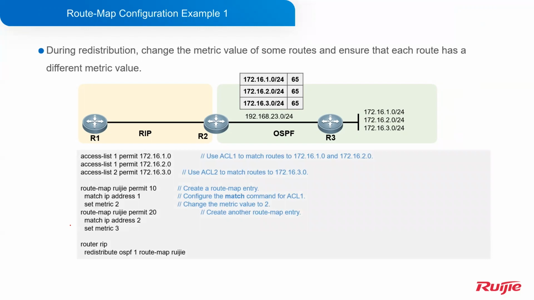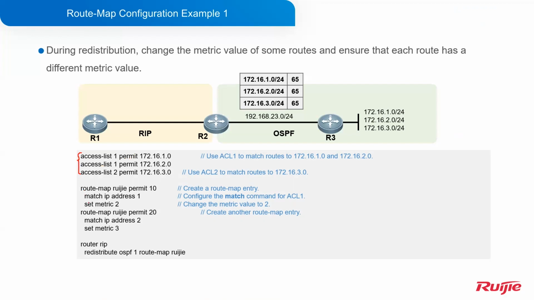So to set different metrics to them, you can see, we should have the ACL to match each route first, right? Because we should distinguish them. So we use ACL 1 to match routes to 172.16.1.0 and 2.0.